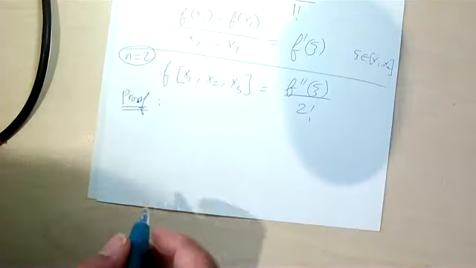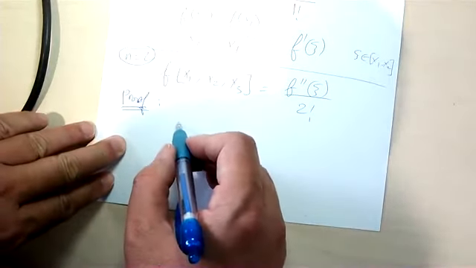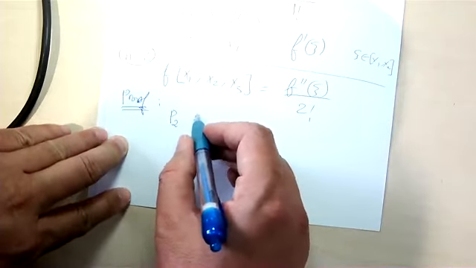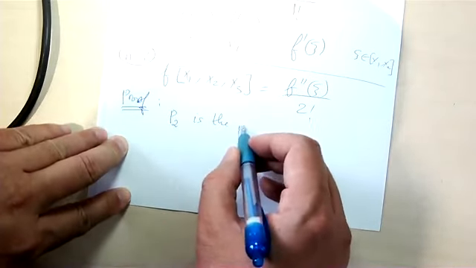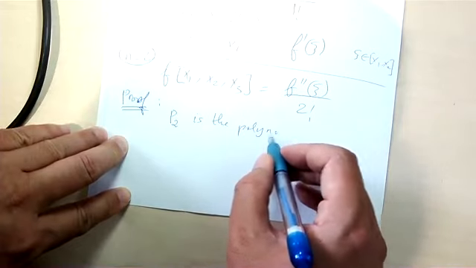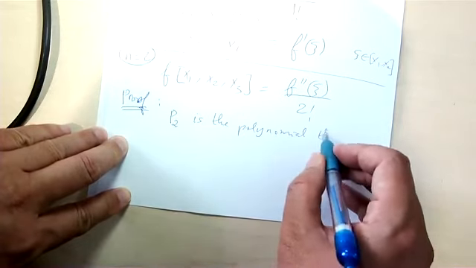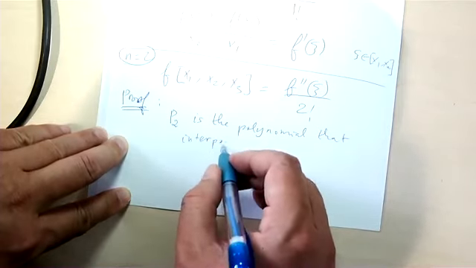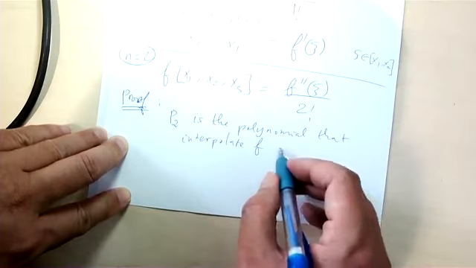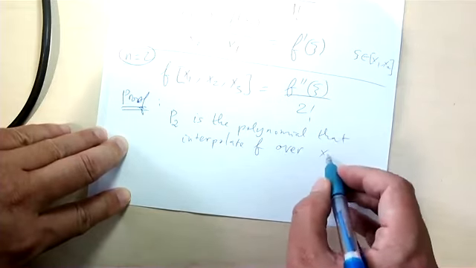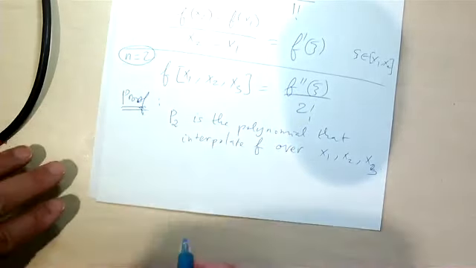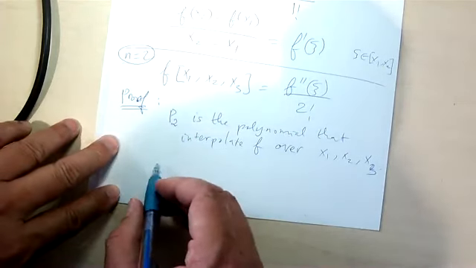So now let me take P2, the polynomial that interpolates f over x1, x2, x3. Then what is P2?